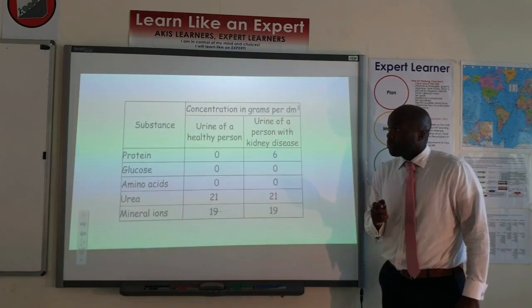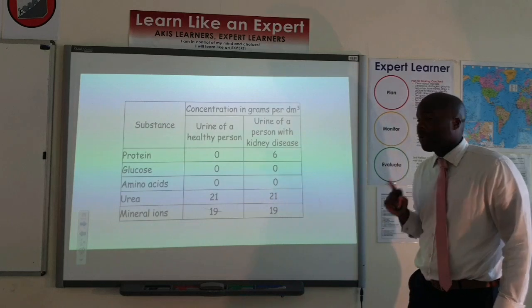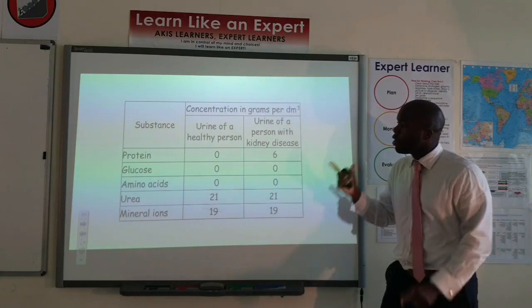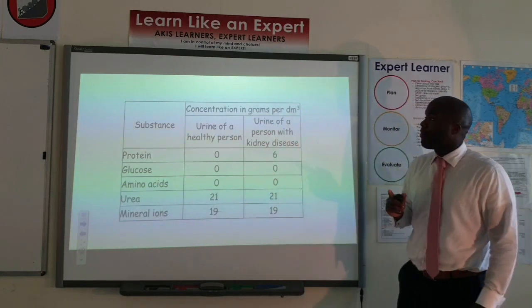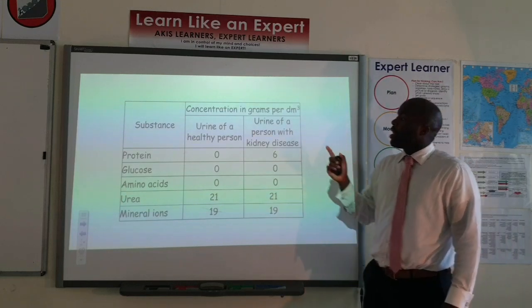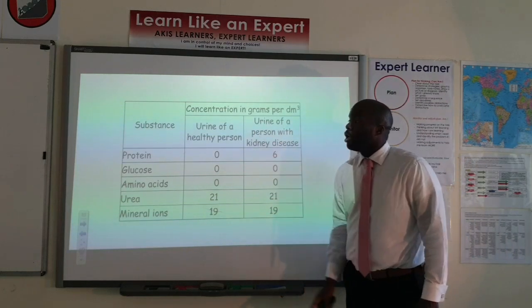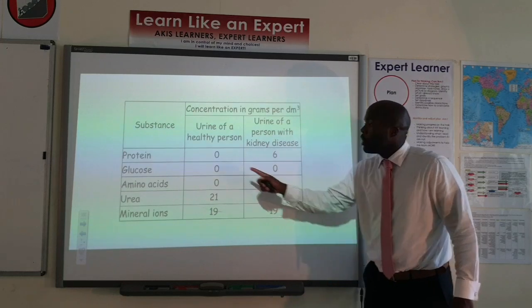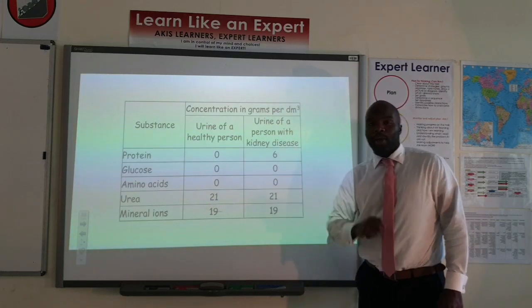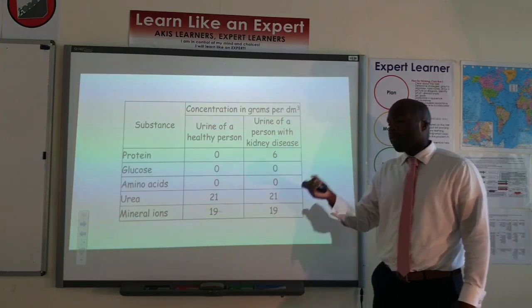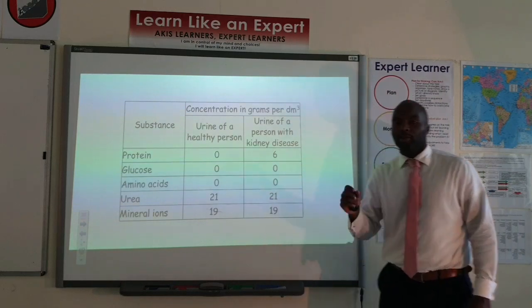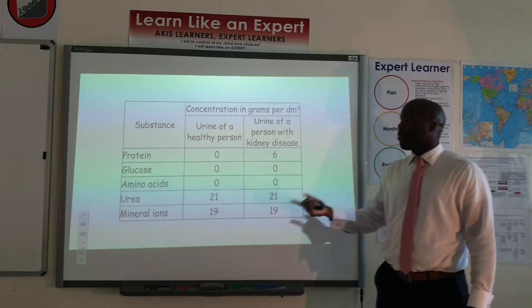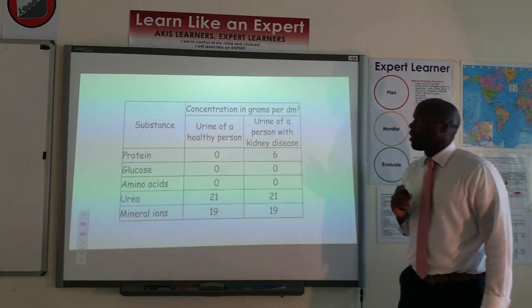However, if we were to look at somebody who had renal failure and do a test on their urine, a healthy person should have no protein, no glucose, no amino acids in their urine. However, they should still have urea and some mineral ions in their urine, because obviously we want to excrete the waste products.